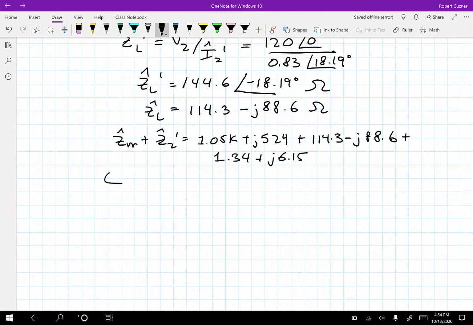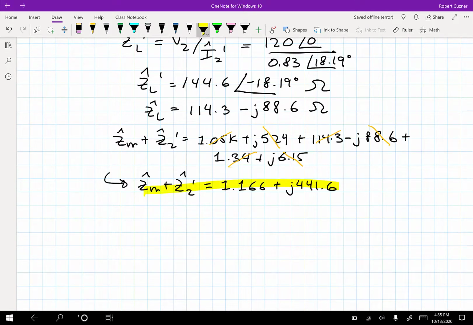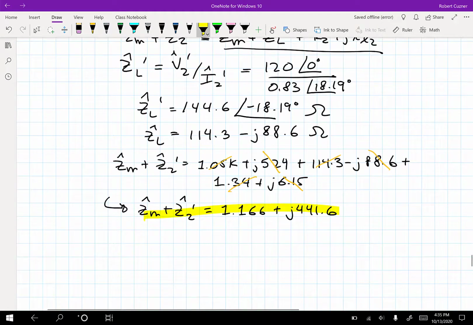Okay, so we'll simplify all of that. Add together all of the real values. So we're going to add these together here, and we get 1.166, and then we're going to add the imaginaries together. We've got that value there.